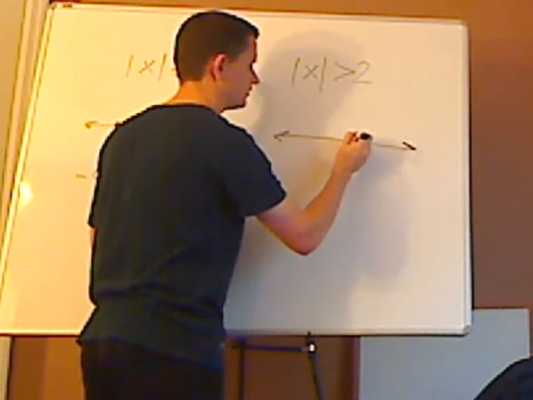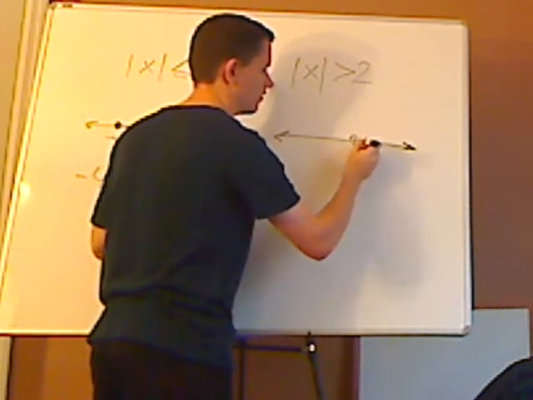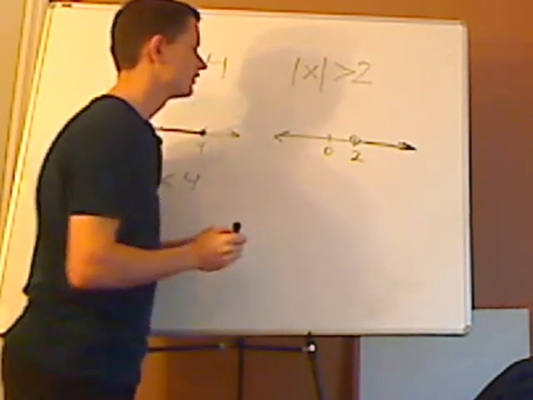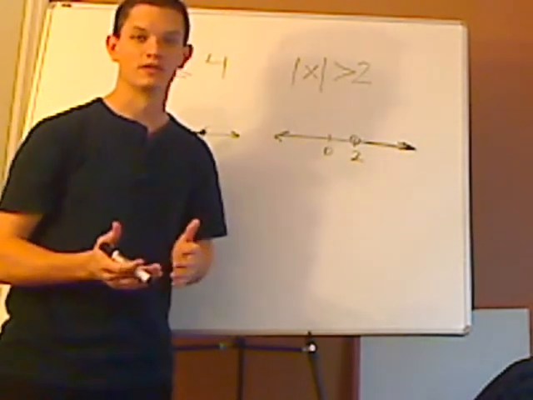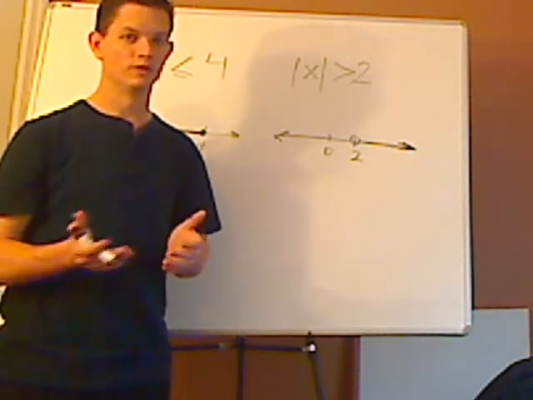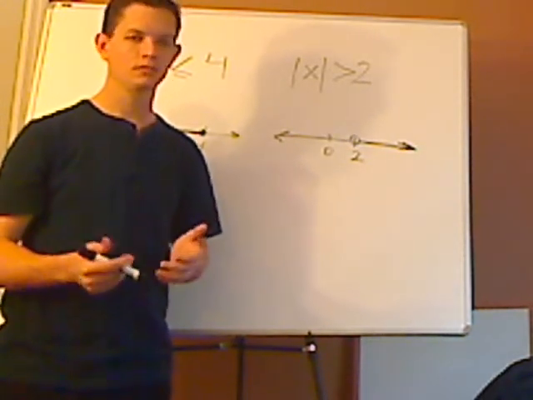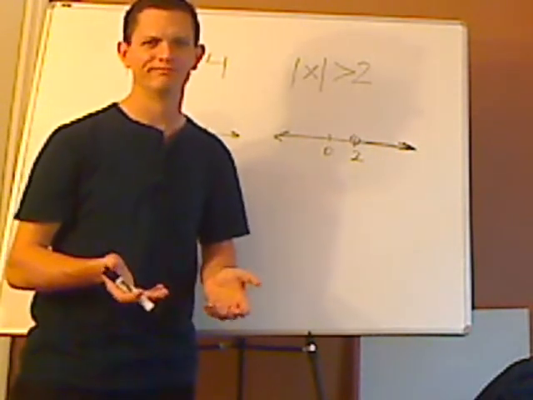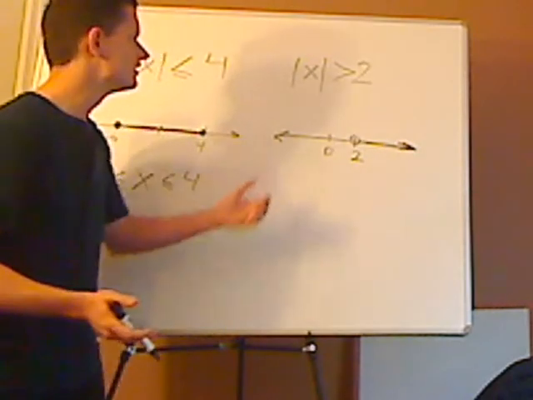So it's going to start at 2 and definitely go over that direction. Put in 0 in there. Now, what else is going to work? You have absolute value. So would negative 1 work? Take the absolute value of negative 1. Is 1 greater than 2? No, that doesn't make any sense.